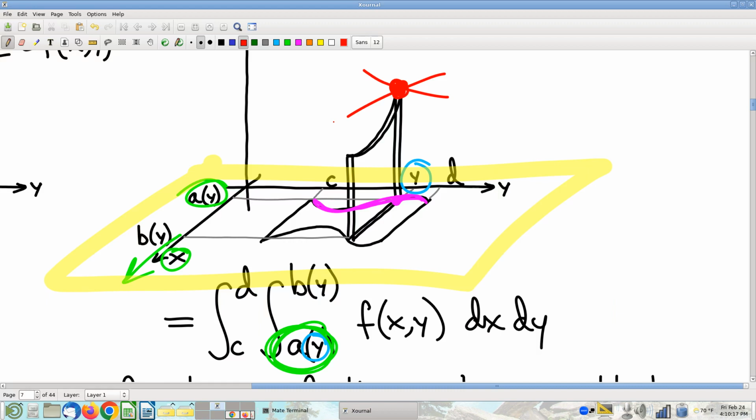Yes? What if the bounds of y are also dependent on x? Oh, you're wondering what if there's a curve over here too? Yeah. Well, then that's just going to mess with how we write our integral. What I'm presuming here is that there is some clear starting value of y and some clear ending value of y, and for a lot of the examples we're going to see, that's the case.